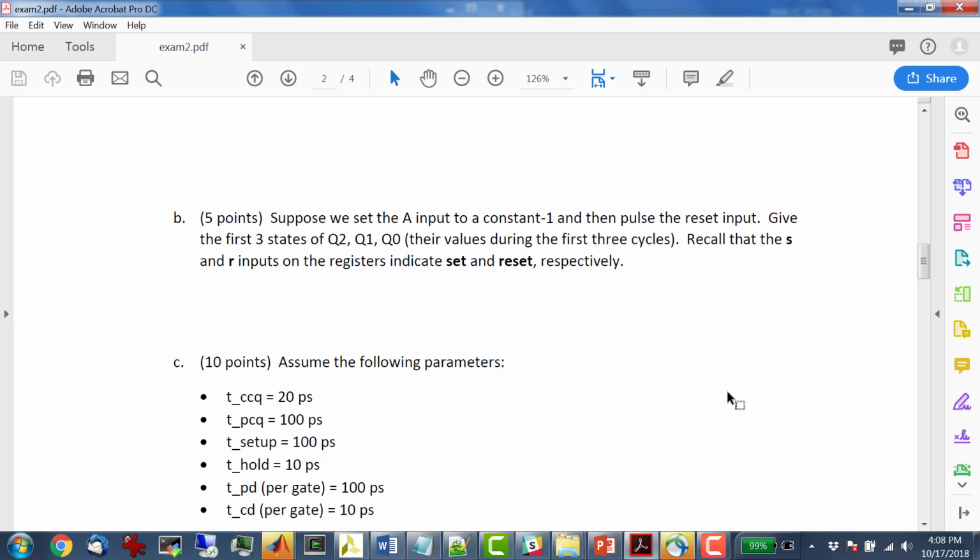So this is going to be 500 picoseconds must be greater than, this is 1 plus 2 plus 1, that's 400 picoseconds plus skew, meaning that the skew must be less than 100 picoseconds.